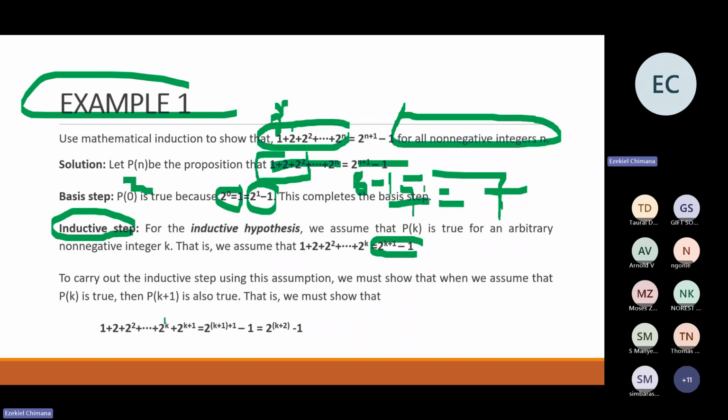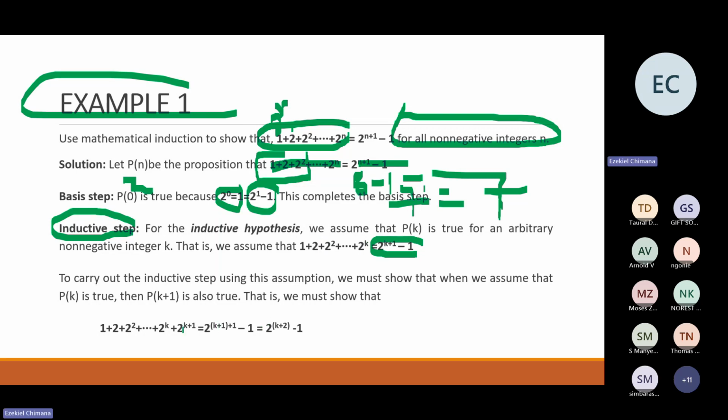So what we are going to get is 1 plus 2 plus 2 squared plus up to 2 to the power K. Why 2 to the power K? 2 to the power K plus 1 is just the next term after 2 to the power K. So we are just going to have this whole thing, and then we add 2 to the power K plus 1, like what we're doing here. We started with 2 to the power 0 and then 2 to the power 1, 2 to the power 2, just going up. So yes, 2 to the power K, then 2 to the power K plus 1, just like that.